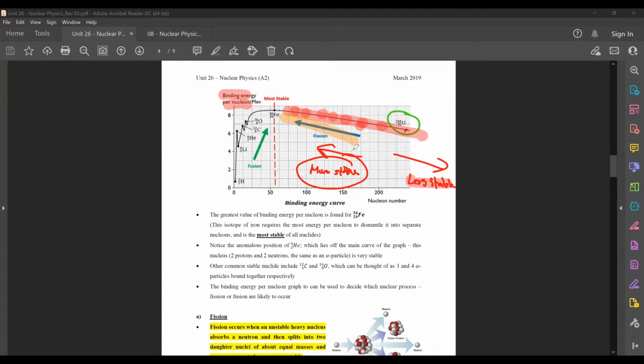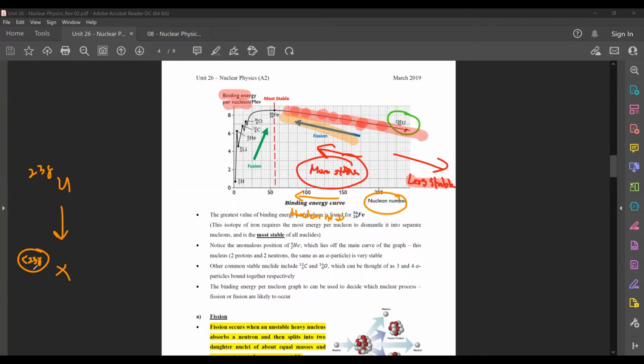If you try to move up the graph, what happens to your nucleon number? If you go towards the left, your nucleon number is decreasing. So if you start off with uranium-238, after your nuclear reaction, you become more stable, and the nucleon number should be less than 238, less than before.